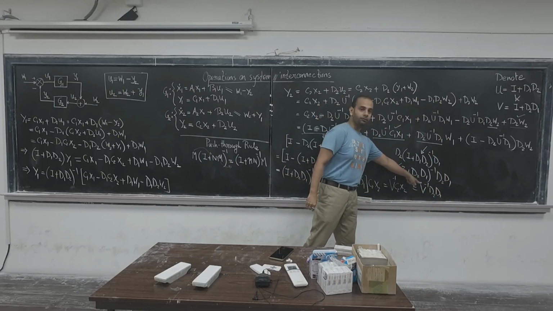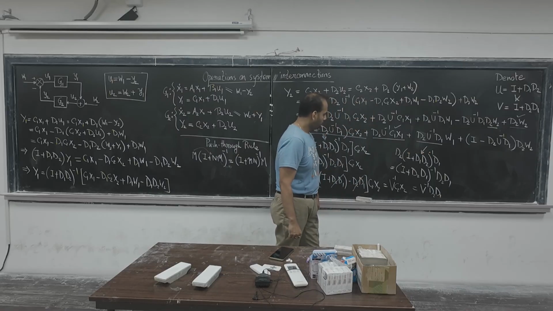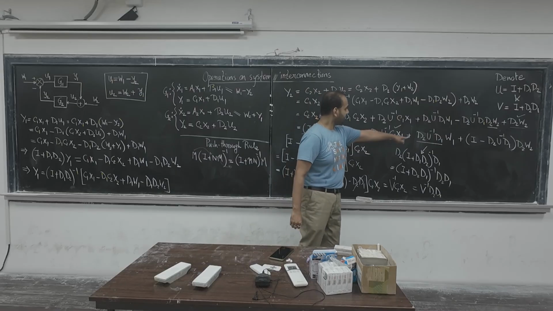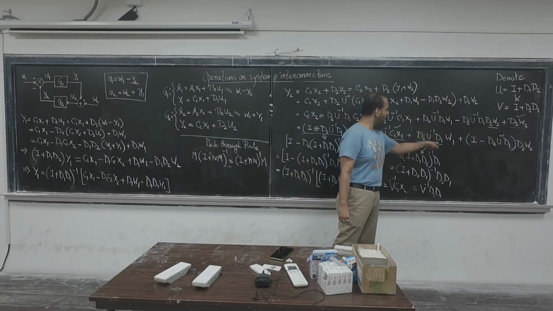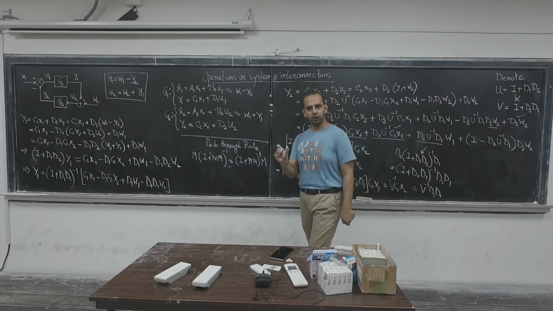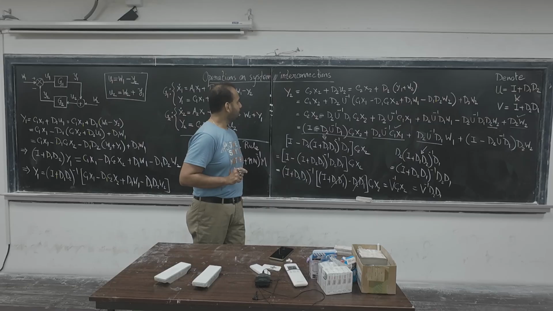I want this one to be V inverse I D2. I want V inverse D2 W2. Check this term, that is, this is coming, right? There is D2 U inverse D1 W1. This is a whole term. Please check whether I made any mistake.